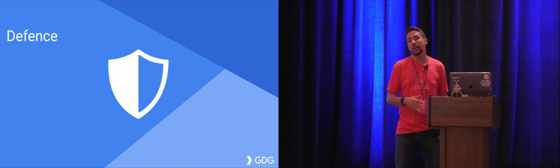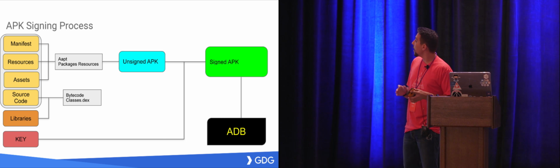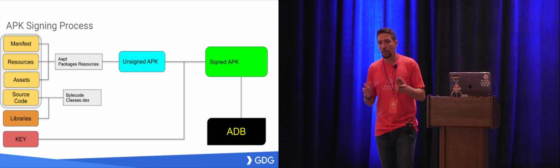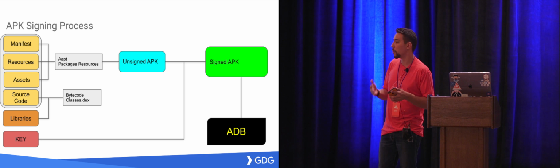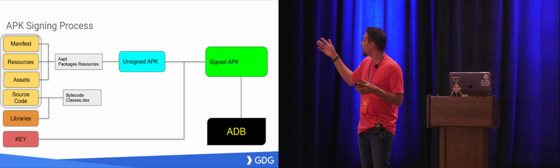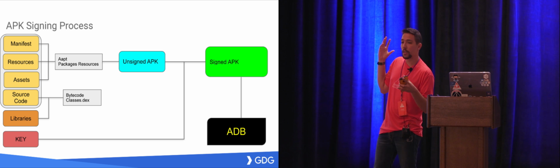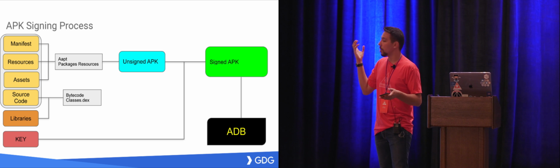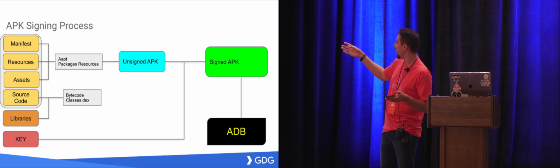So we're going into the second part, which is the defenses part. Before we begin, I want everybody to go through the APK signing process so I know we're on the same page. So what's actually happening when we're signing, when we're compiling an application? First thing, we're getting the manifest, the resources, and the assets, and we're putting them together inside something that's called package resources. Then we're getting the source code and all the third-party libraries, and we're creating the bytecode classes.dex.